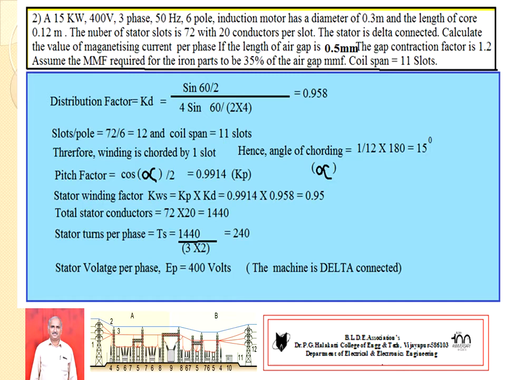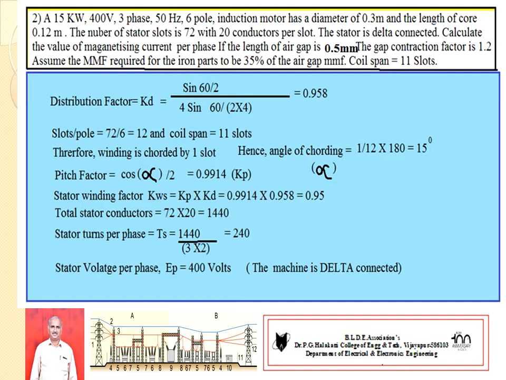Once alpha comes, go for the calculation of pitch factor. Pitch factor Kp equals cos alpha by 2. You determine pitch factor. Then it is possible to determine stator winding factor. Stator winding factor KWS equals pitch factor into distribution factor.